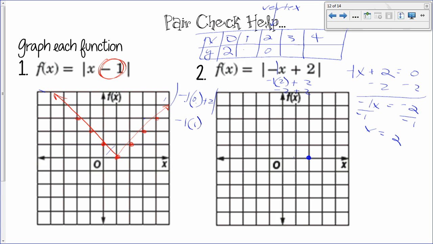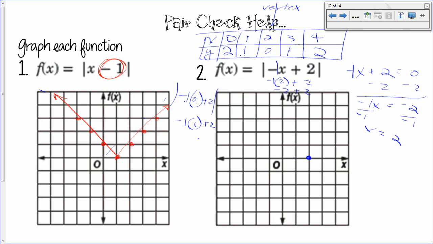Negative 1 times 1 plus 2. What is that? 1. Negative 1 times 1 plus 2 gives me 1. So what's it on the other side? No, it's the same, guys. If this is 2, then this has to be 2.